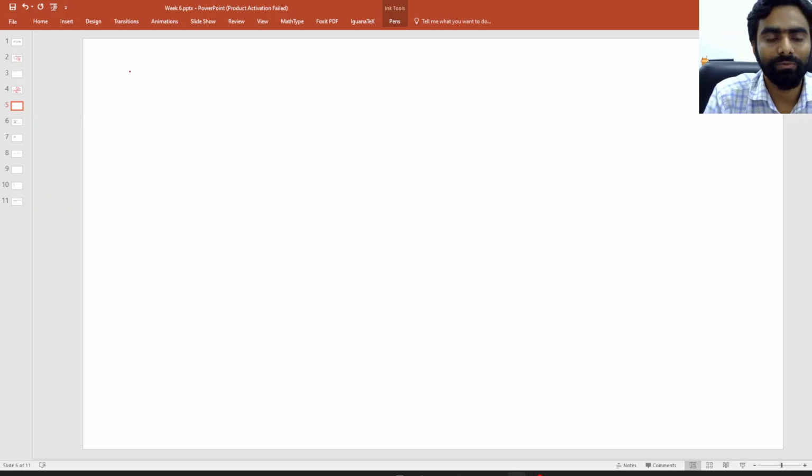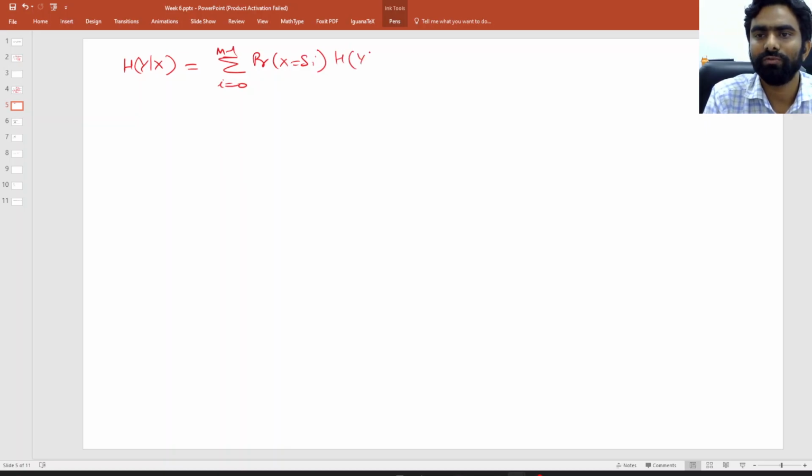So here we go by the formula. For the conditional entropy of Y given X, we have the sum over i equal to 0 to n minus 1 of the probability that X equals si, times H of Y given X equals si.